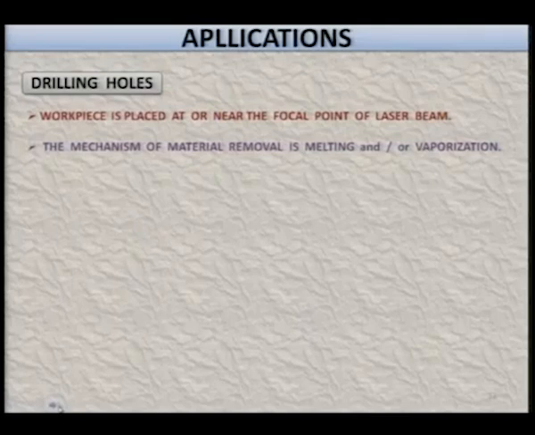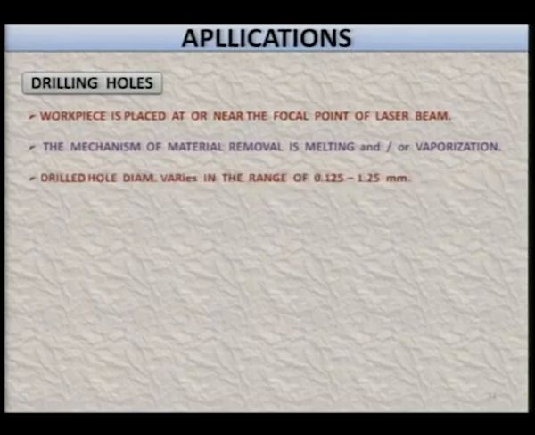The mechanism of material removal has already been discussed in detail, and that involves both melting and vaporization. Drilled hole diameter varies in the range of 0.125 to 1.25 millimeter, because it will depend upon the diameter of the laser beam, and normally we try to reduce the diameter of the laser beam at the focal point so that you can have high concentration of thermal energy.